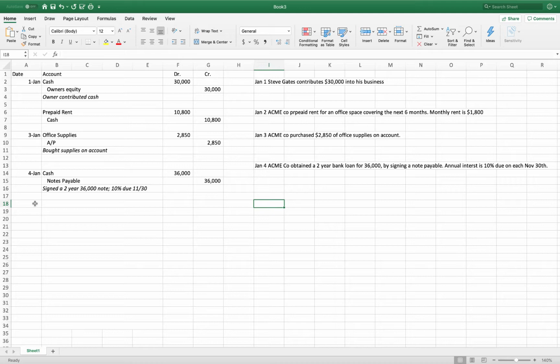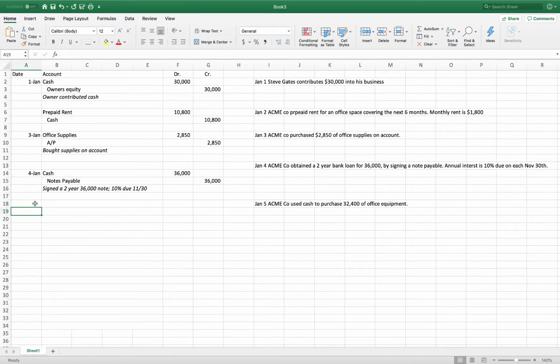Bought a truck, bought a car. It's some asset that they bought. So let's say, for example, that on January 5th, Acme Company used cash to purchase $32,400 of office equipment.